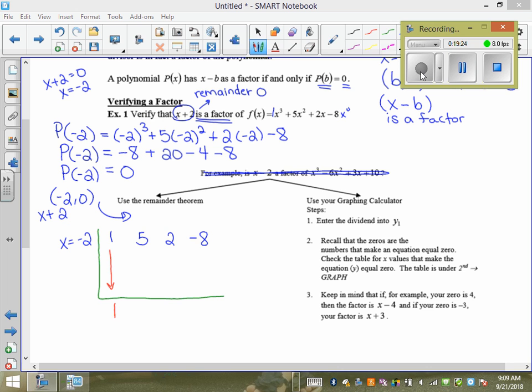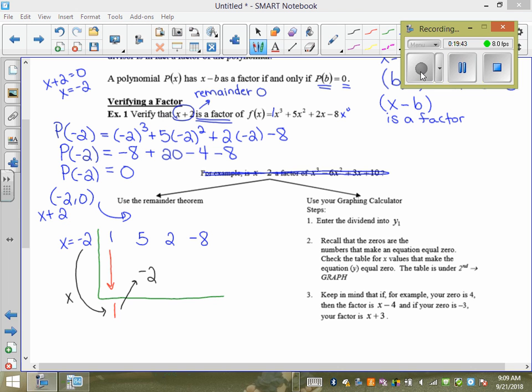Then I'm going to multiply these two. What do I get? Negative 2 times 1. Negative 2. So I'm going to bring it up.